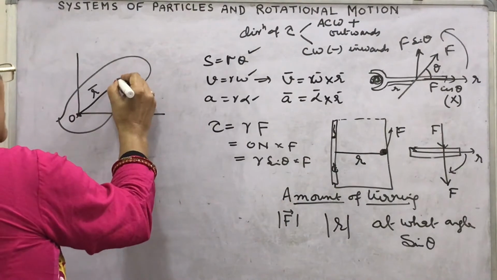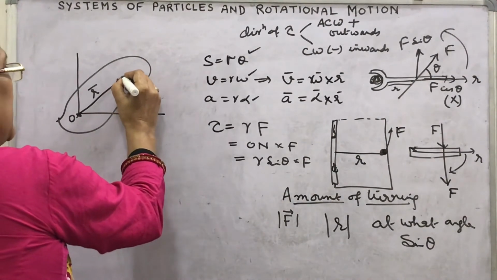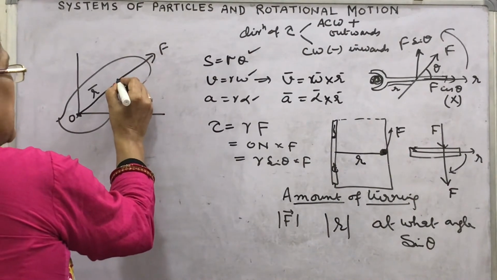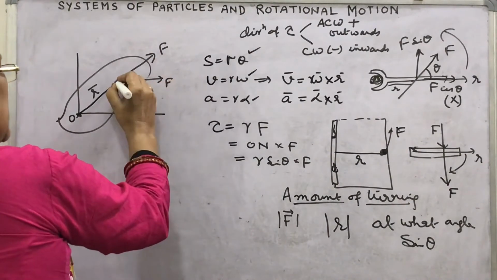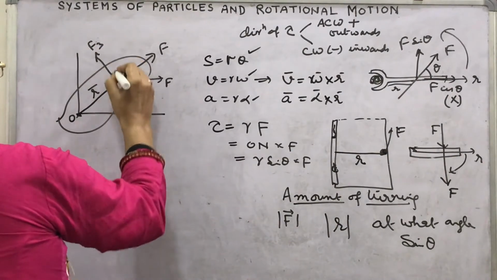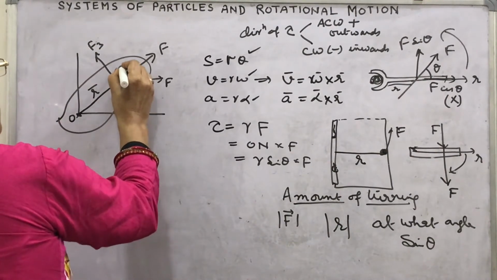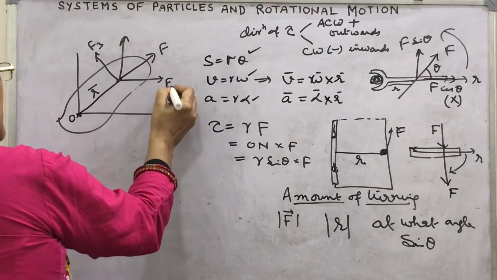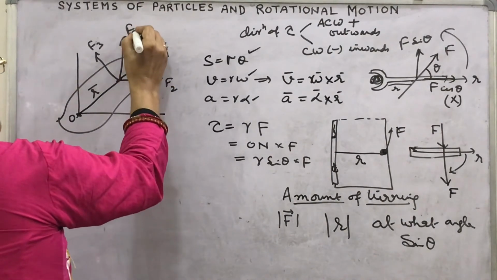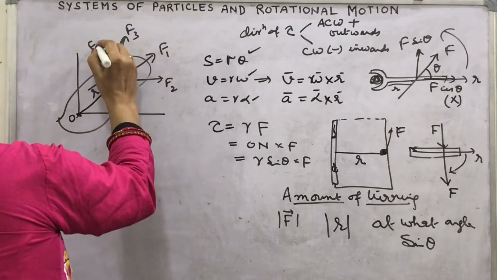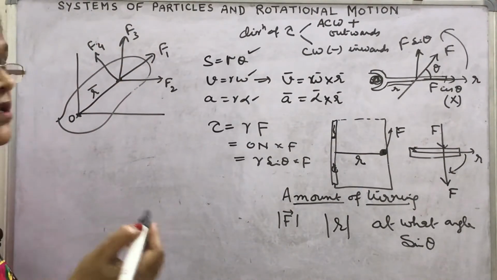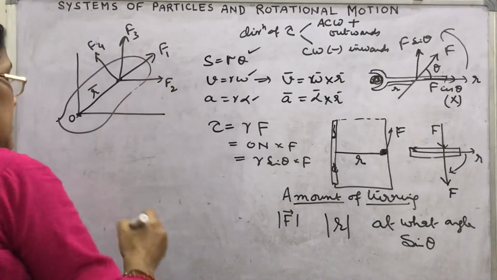Now at this point P, one force is applied in this direction, another force in this direction, the next force in this direction, and this force in this direction. This is F1, F2, this is F3, this is F4. Find the torque. Then how will you calculate?